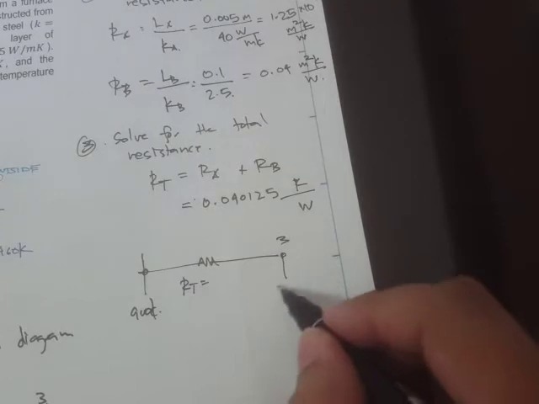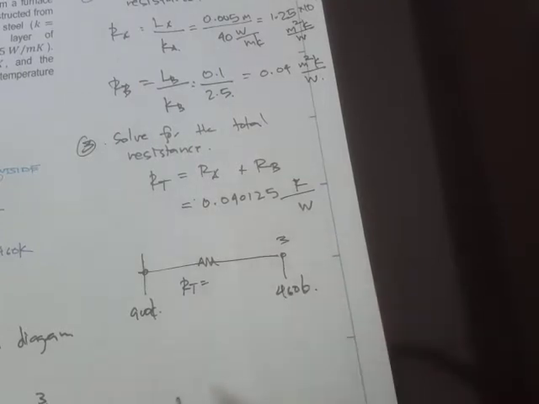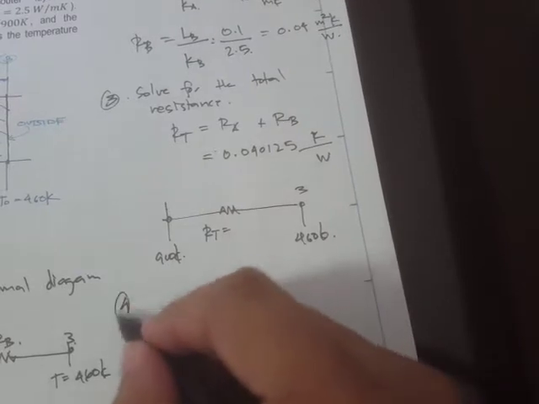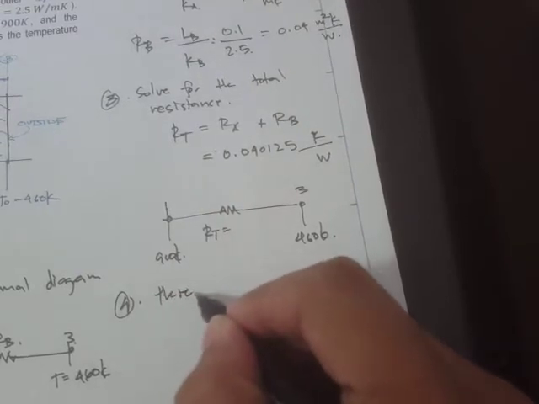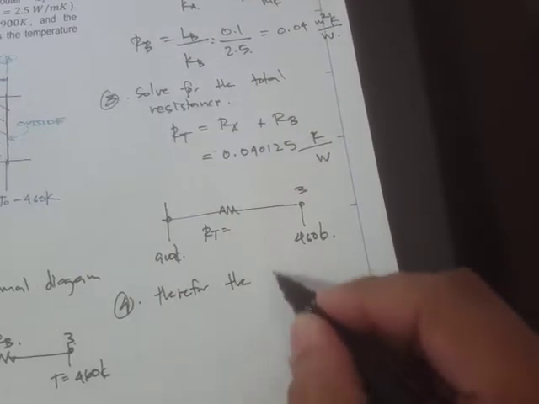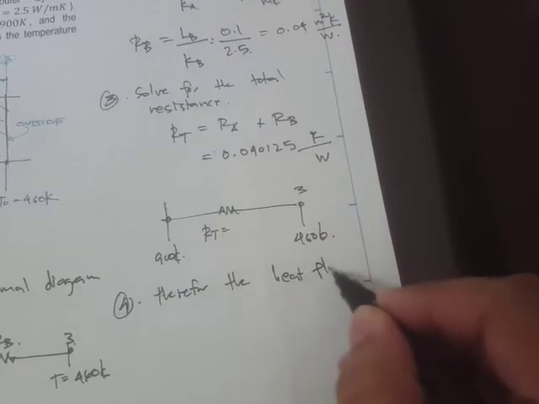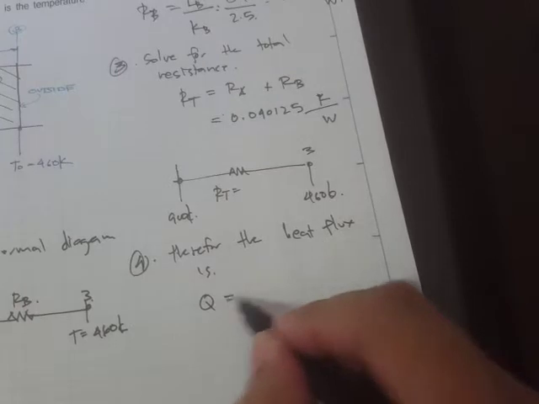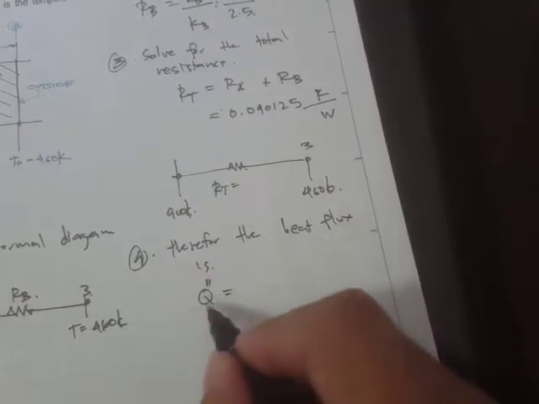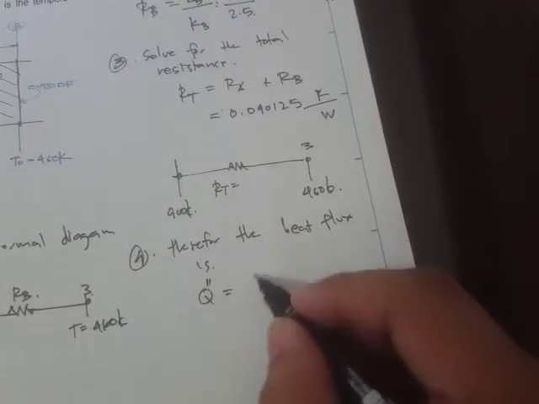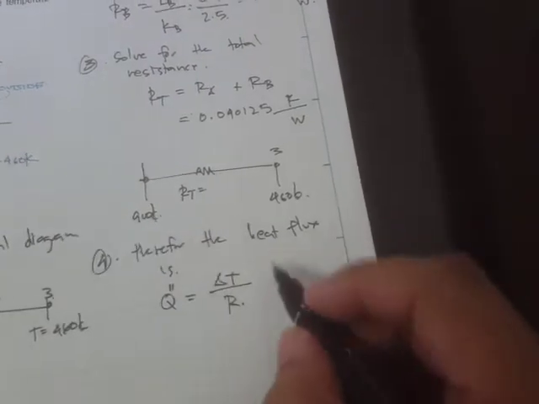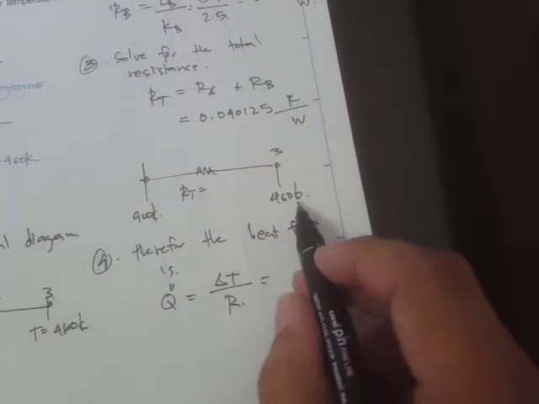Since we have the temperatures, 900 K on this side and 460 K on the other, we can actually solve for the heat flow, or the heat flux. We'll just use Q equals delta T over R. What is delta T?